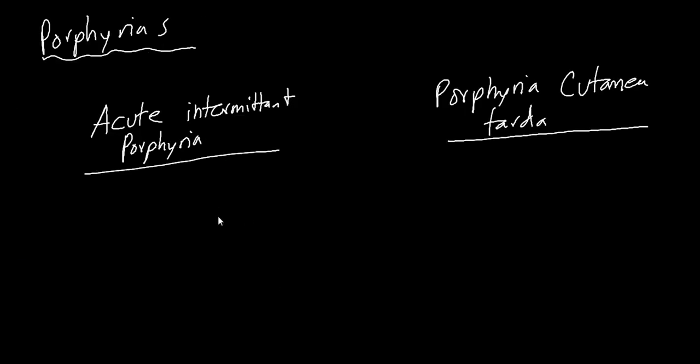Now let's talk about some more diseases. There's going to be the 3 diseases, and we just covered lead poisoning, so we have 2 more to talk about. Let's quickly go over the porphyrias. Porphyrias are simply heme synthesis disorders that are not due to the lead toxin. Heme synthesis disorders due to defective or deficient enzymes.